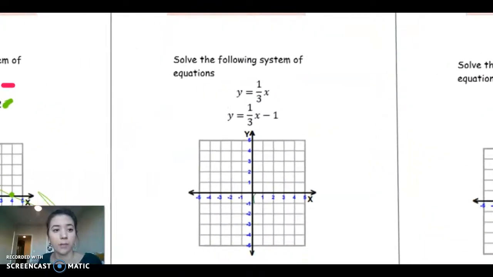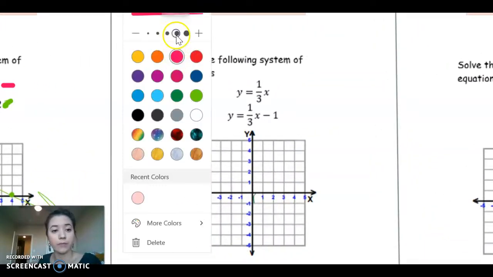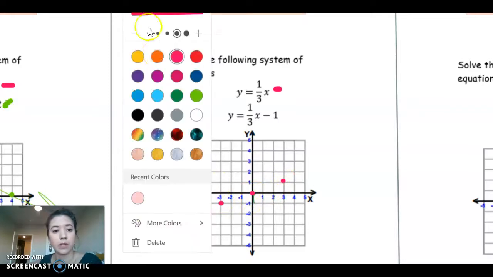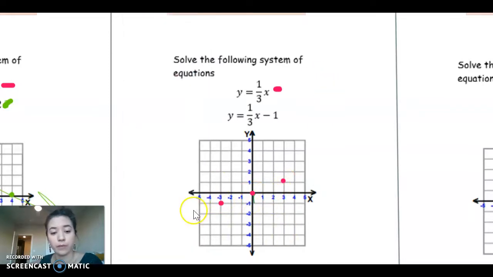This one is like the one we just did a second ago. So we have solve the following system of equations. First we're going to graph this one. There's plus nothing, so our y-intercept for this one is 0. And then we go up 1 over 3, and we can go backwards. And then we can graph it.